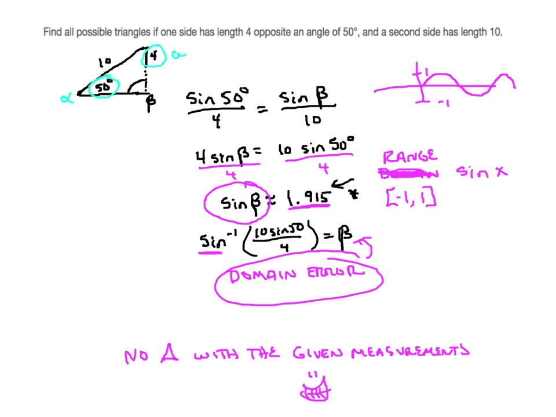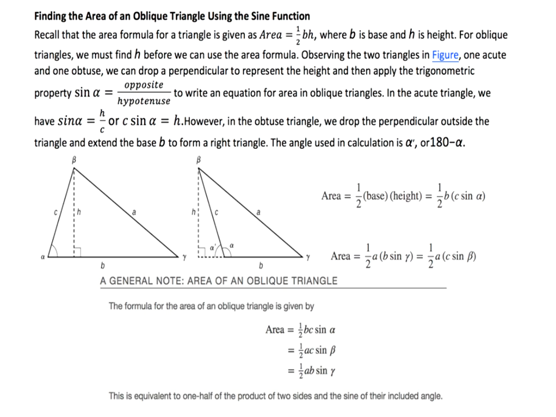Let's go ahead and talk about area of a non-right triangle, and then we'll have one application problem, and then we're done. So we have the formula for the area of a triangle, which is 1/2 base times height.